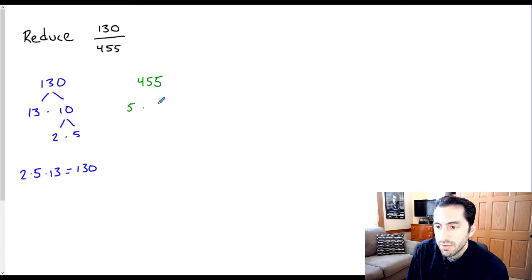So this is the same as 5 times 91. 5 is a prime number. 91 is not a prime number. I happen to know that 91 is the same as 7 times 13. 7 and 13 are both prime numbers, so 5 times 7 times 13 is equivalent to 455.